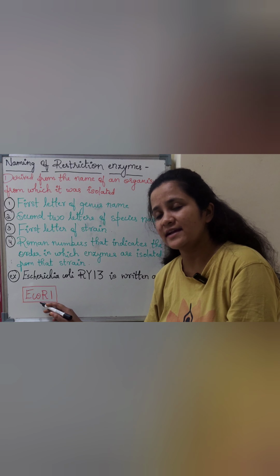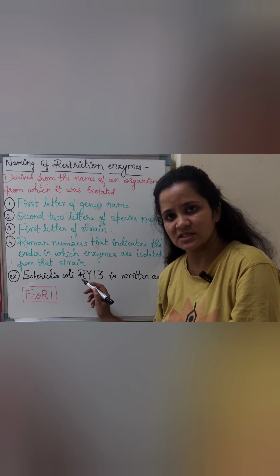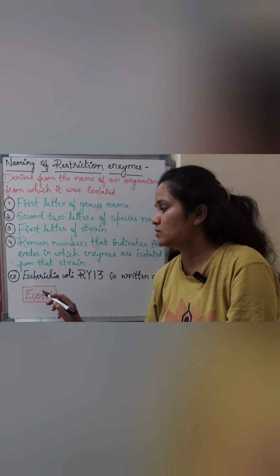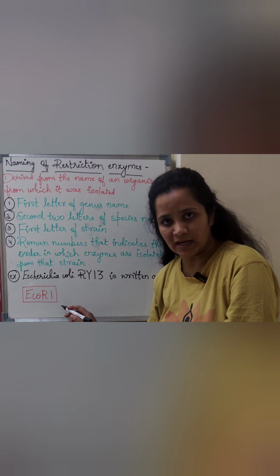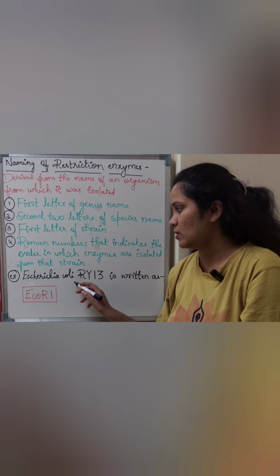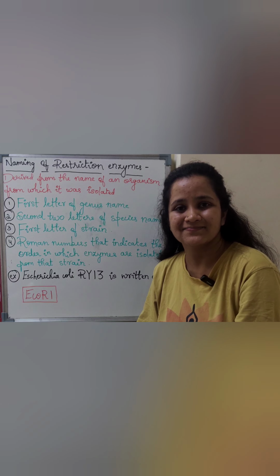It was the first enzyme isolated from this specific strain of bacteria, so we mention it as I. That is why we call it ECORI. It is the enzyme obtained from Escherichia coli RY13.